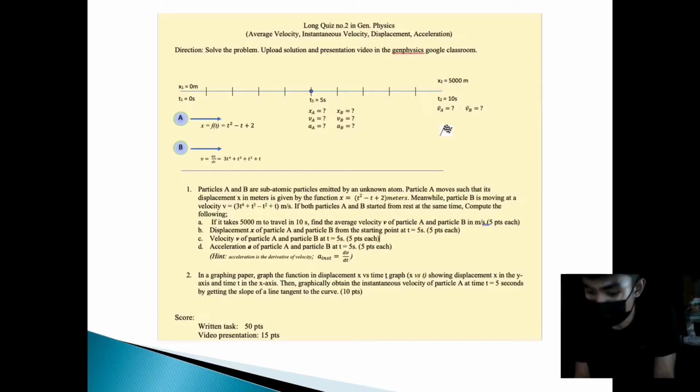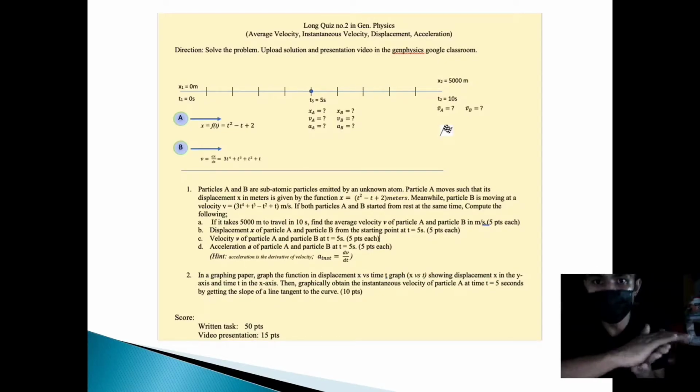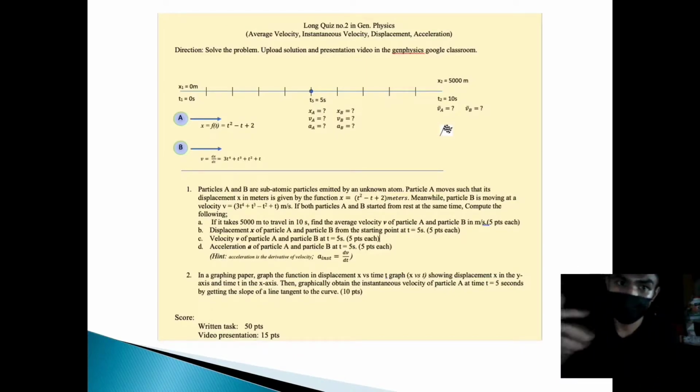So we're going to use calculus, both integration and derivation, to find the three formulas needed to be able to solve for the acceleration, the velocity, and the displacement for both particle A and B. Okay, so for letter A, before I proceed to the next slide, we need to first notice this random given, this theoretical value of 5,000 meters.